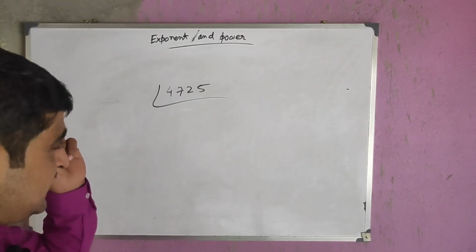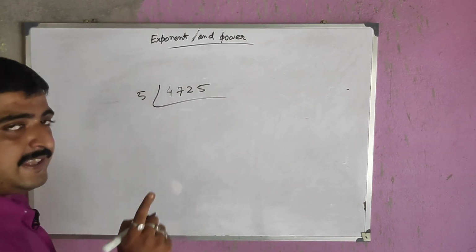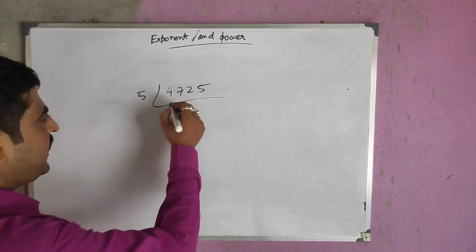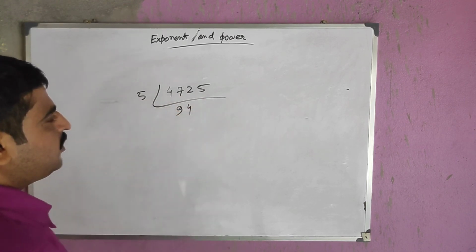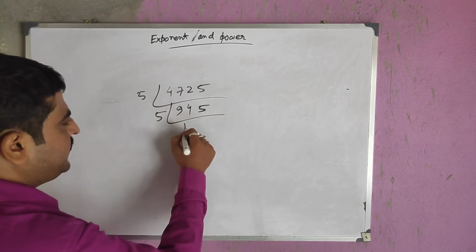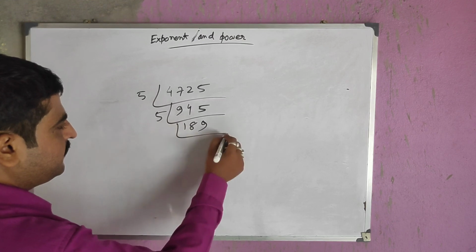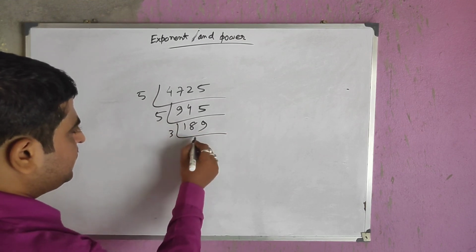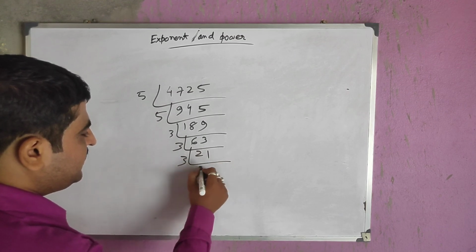As the last digit is 5, we can divide this number by 5. 5 is a prime number. So 5 9s are 45, 5 4s are 20, 5 5s are 25, 5 18s are 90, 5 945s are 4725. Then 3 315, 3 105, 3 35, 7.